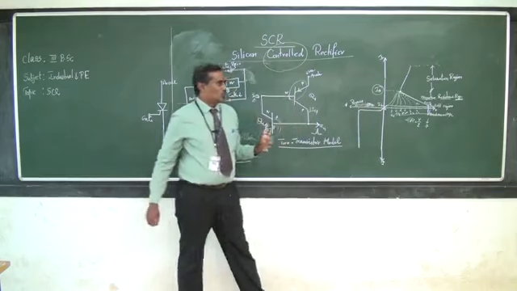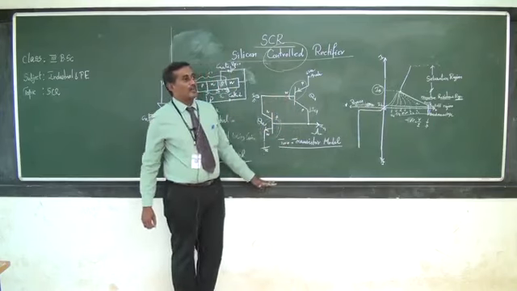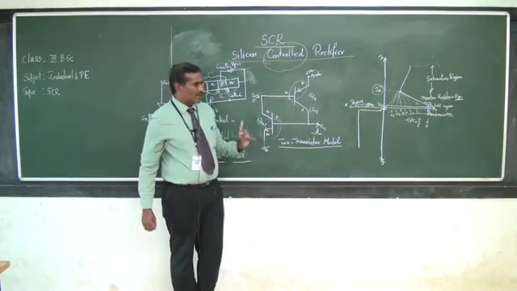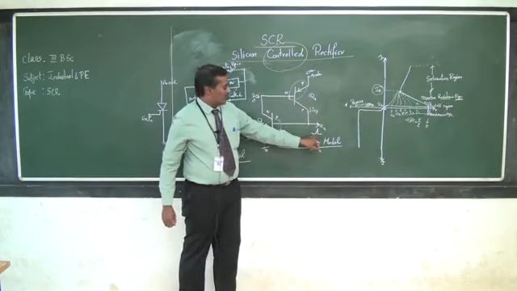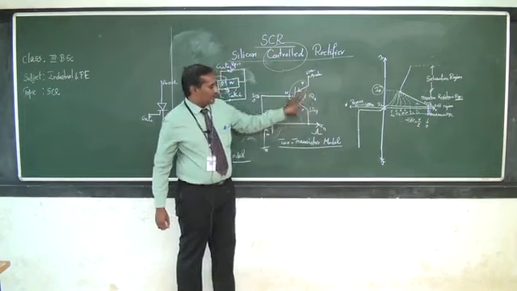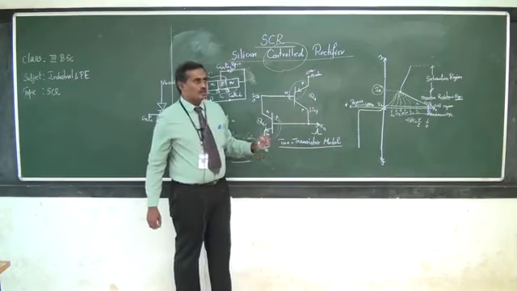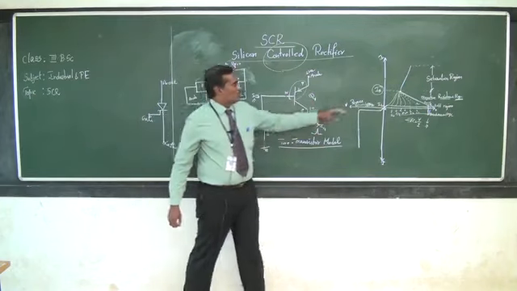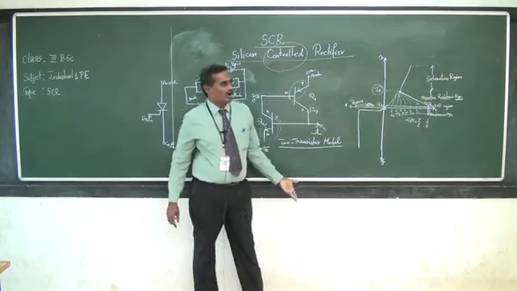Only when these two conditions occur will the SCR be in the off state. The first condition is that once the SCR enters the on state, when you give a small gate triggering pulse, it always remains in the on state until the anode cathode voltage becomes 0. Otherwise, we have to reduce the holding current below this level, and the SCR will be in the off state.